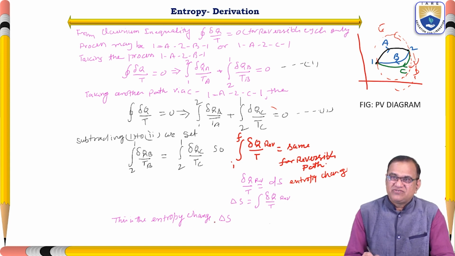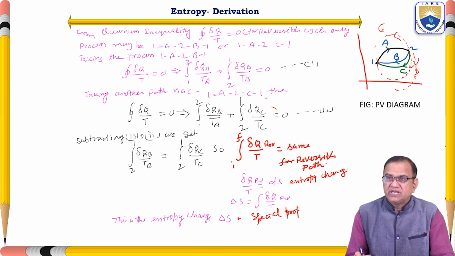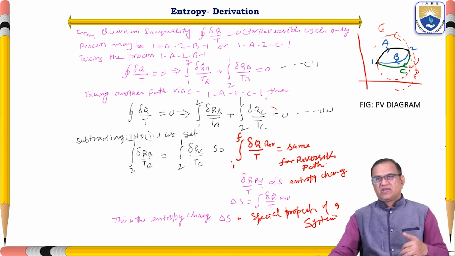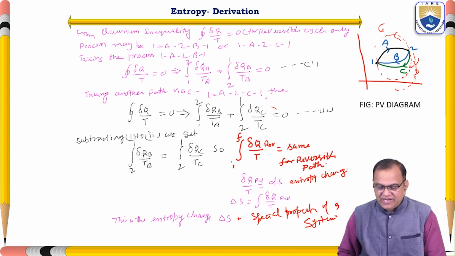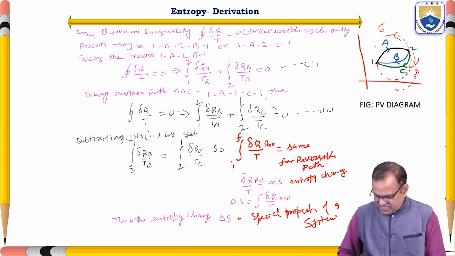This is the entropy change ds, and this is one special property of a system. So this we have already discussed in the last class also, but further I have explained here.